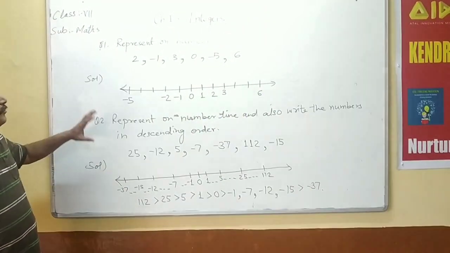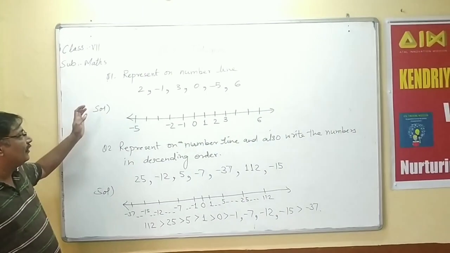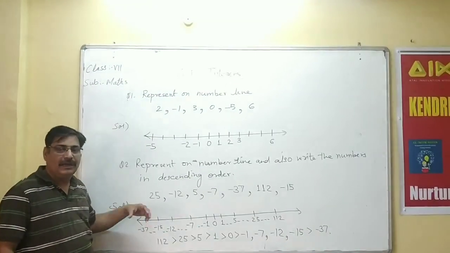So this is how we compare integers, or this is how we represent integers on a number line.